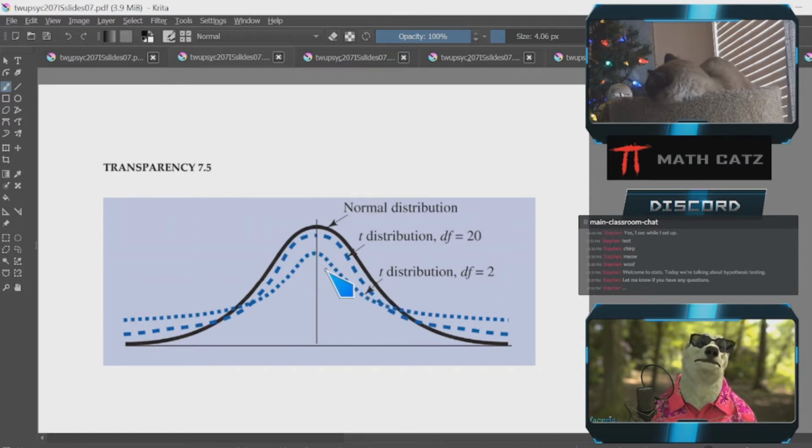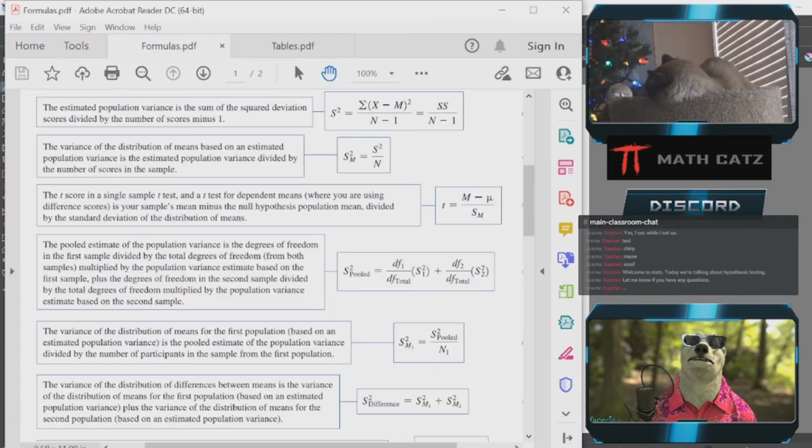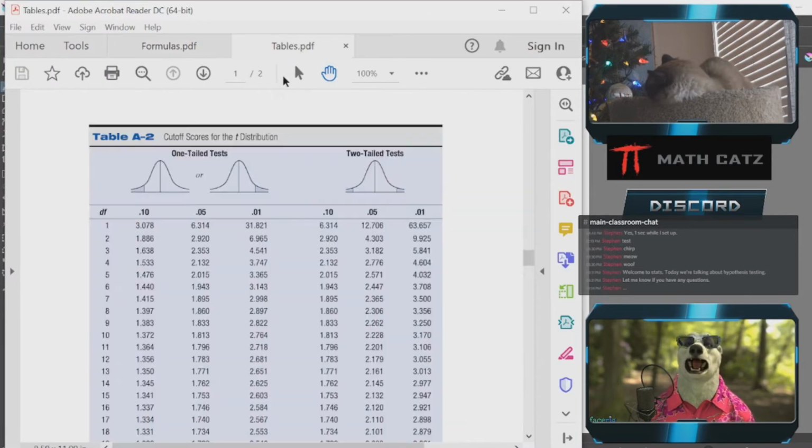When the sample size is small, this distribution resembles a normal distribution, but the tail is bigger. And as the degrees of freedom increase past 100, they are extremely close to each other.